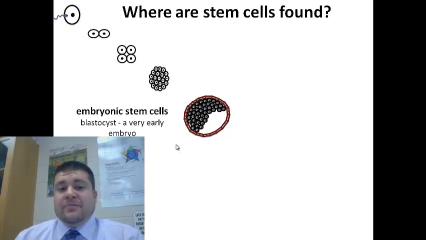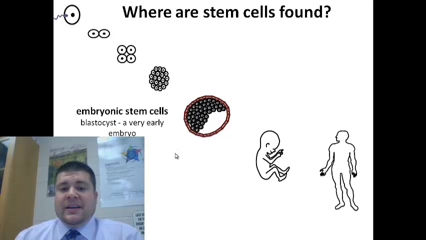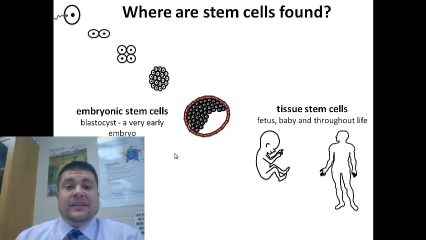Embryonic stem cells are the most valued because they have not differentiated at all. And then eventually we will get a child, which will grow into an adult. And actually, in an adult, we can get adult stem cells as well. We can also get tissue stem cells from the fetus, umbilical cord, and the placenta, and even adult tissues.